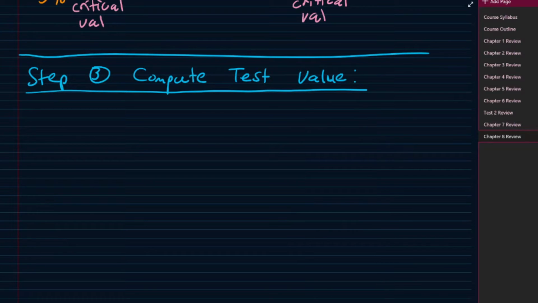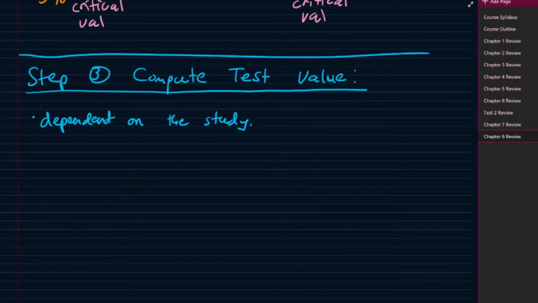So step 3 is to just compute the test value. And I guess this is highly dependent on the study. This changes on whether you're looking for a mean or a proportion or et cetera, et cetera.